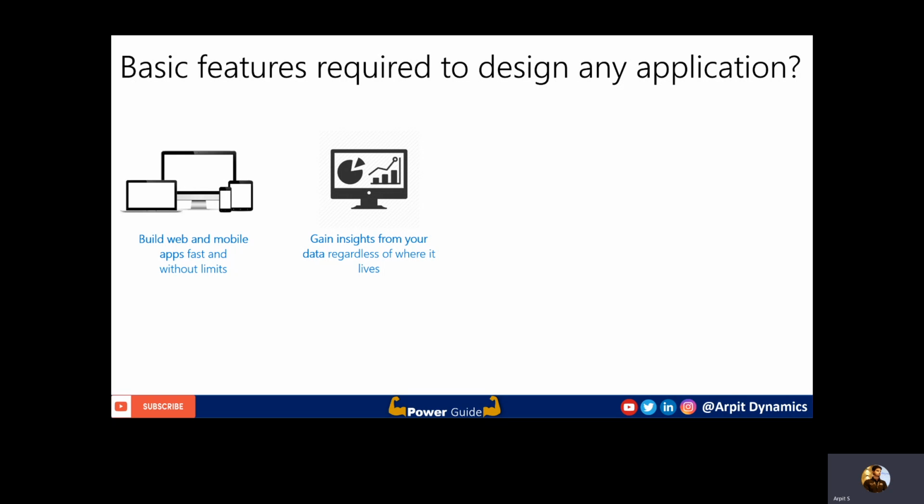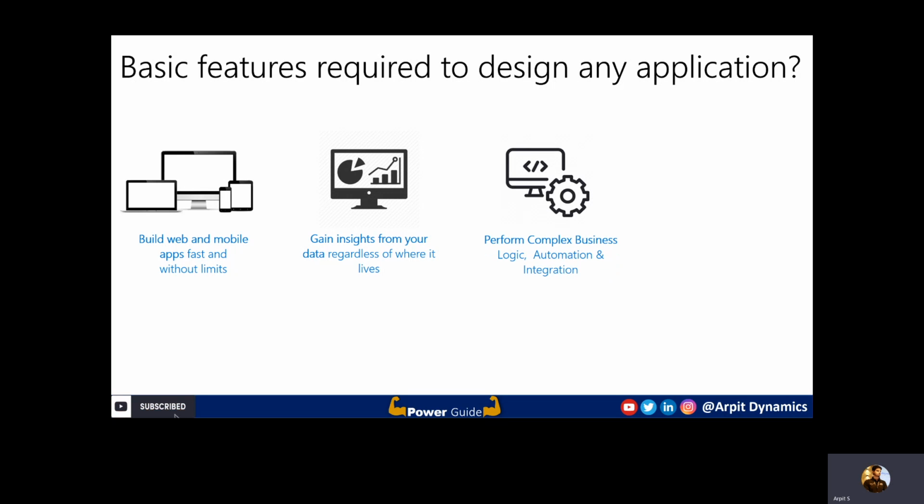That is also a basic need of any application, because your application might have millions of records, and if your sales manager wants to check the performance of each individual salesperson, they cannot look at all those millions of records and analyze the data. The best way to do that is analytics, dashboards, or reportings. That is the most important feature that any business, client, or organization is looking for.